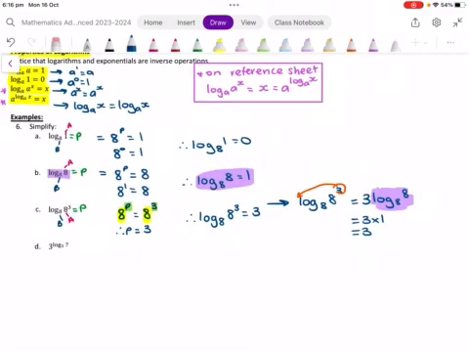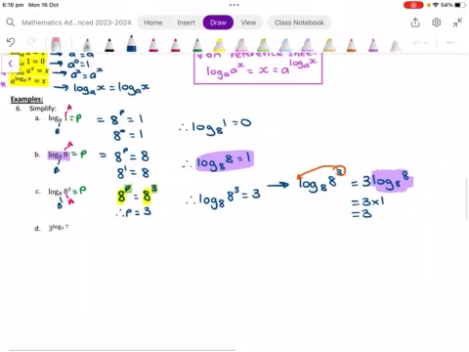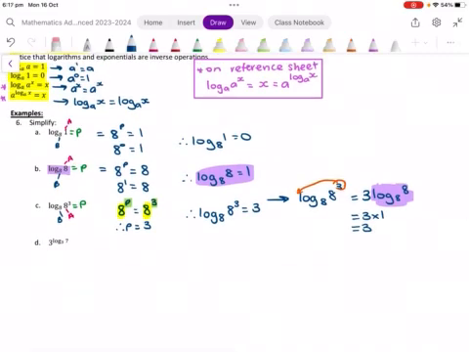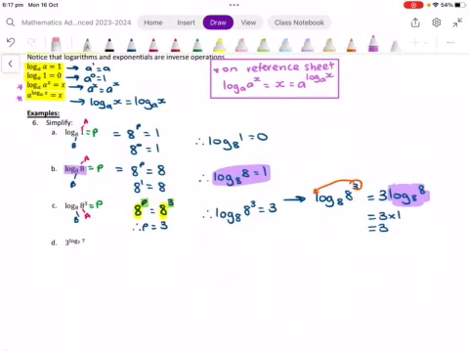Okay, this last one here, if we have 3 to the power of log base 3 of 7, we are using this law up here.